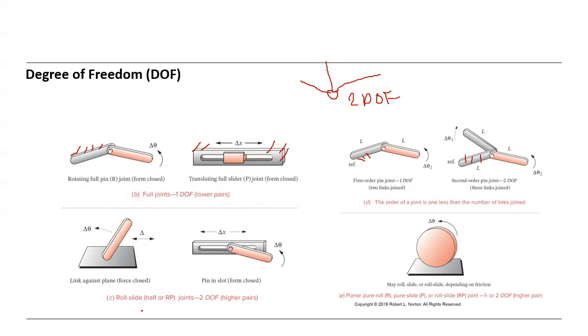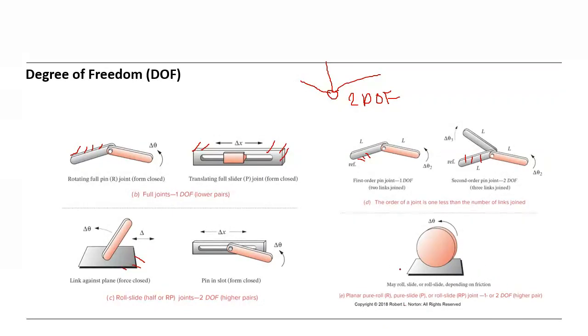So in this example, a roll slider, we also have 2 degrees of freedom. One is the translation, the other one is the rotation. This is the fixed one. We fix this. And here we also have pin slot connections, 2 degrees of freedom. So we have one revolute joint here and one slider here. That means a prismatic joint. And in this example, we have 1 or 2 degrees of freedom.